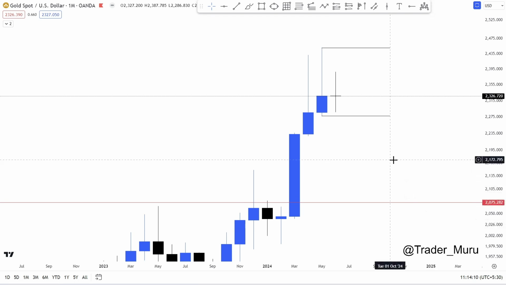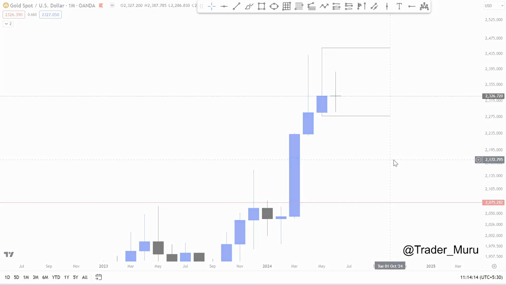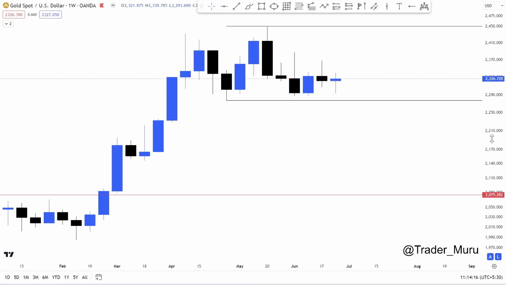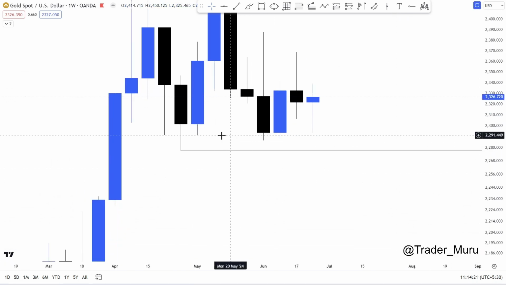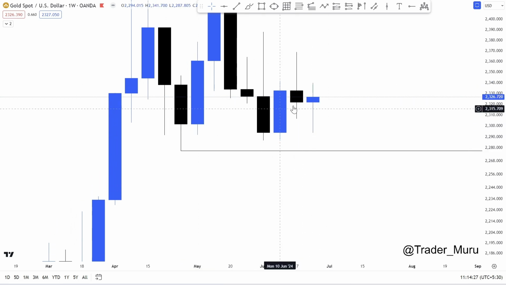Okay guys, so let's get on the weekly time frame. On the weekly time frame, we can see that after reaching this demand area, gold is showing some pullback and the buying pressure is really high right now.